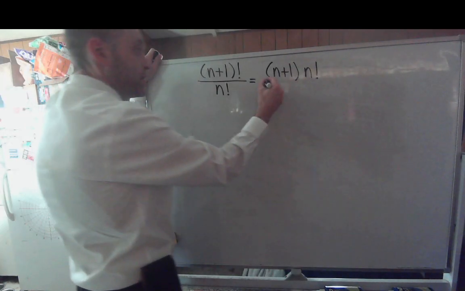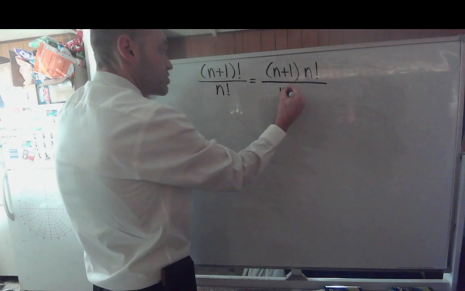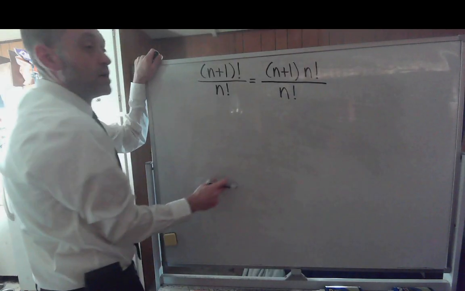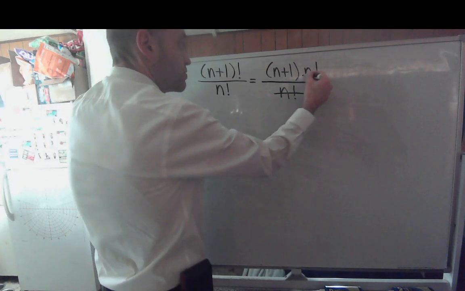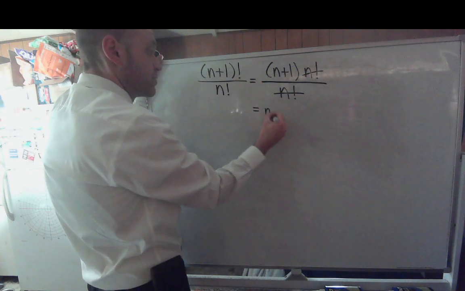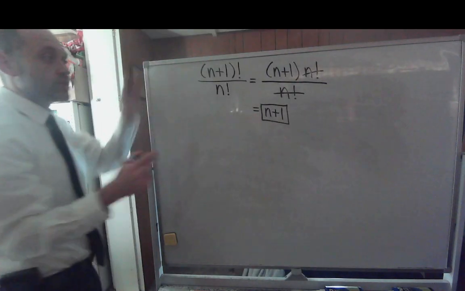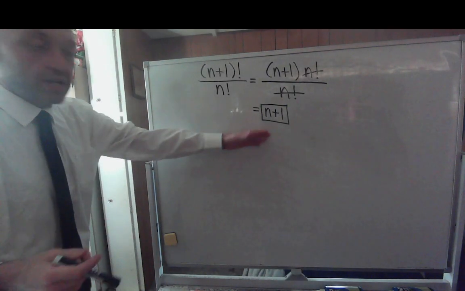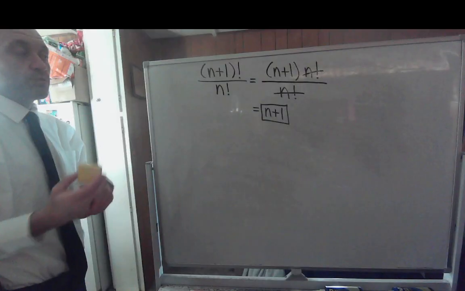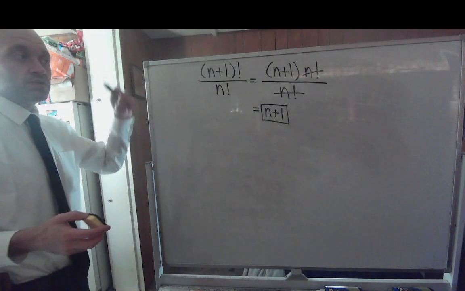And you could stop there because you have an n factorial in the denominator, which means these n factorials will cancel out, and this will just reduce to n plus 1. So that actually reduced pretty nicely just down to n plus 1 because we were able to cancel out n factorials.